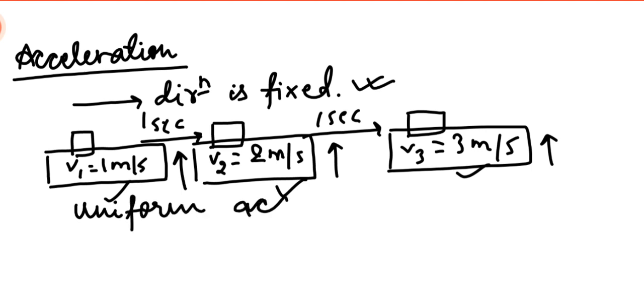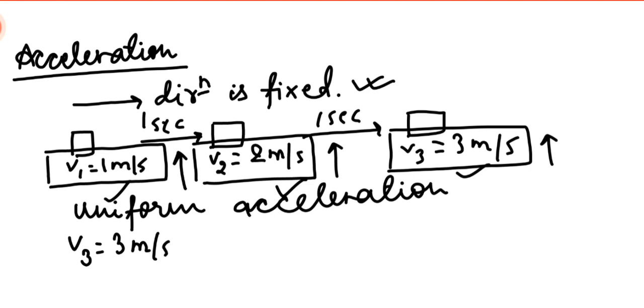Uniform acceleration. Now, here we have taken the example of the velocity increasing. We can take the opposite of it as well. Let us consider initially the velocity is 3 meter per second. After that, let us consider the brakes are applied, V2 equals 2 meter per second.